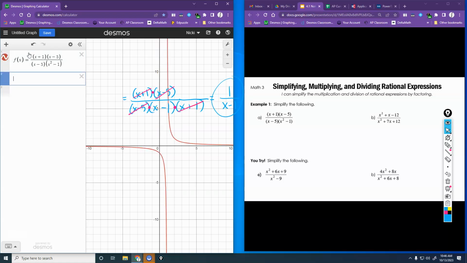If I graph y equals 1 over x minus 1, I'll see that I get the same graph there. There is a slight difference, like at positive 5 on the red graph. There is like a hole in the graph right there, but I don't think we have to talk about that right now, so we won't worry about that. But you can see that's the same graph, whereas if you had done something wrong, it may not be for that.